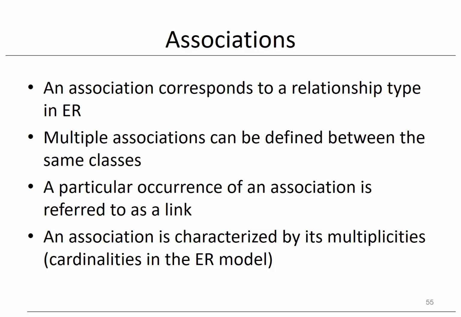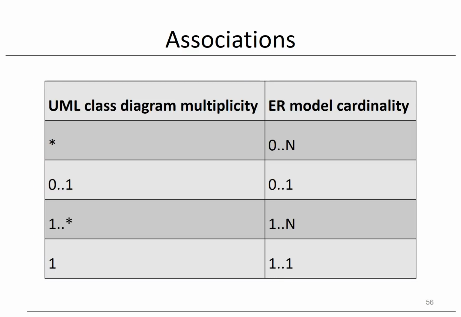An association is characterized by its multiplicities, which indicate the minimum and maximum number of participations of the corresponding classes in the association. Hence, this corresponds to the cardinalities we discussed in the EER model. This table lists the options available and contrasts them with the corresponding EER model cardinalities discussed earlier.